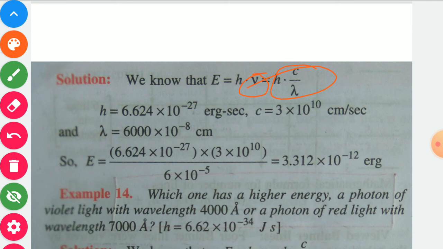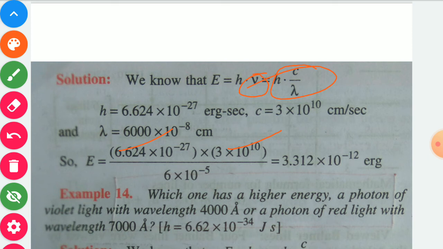We put the value of h, 6.624 into 10 power minus 27 erg second. But here the CGS unit is given for the Planck constant, erg second. Therefore, we have to take the CGS unit, so velocity of light, at the place of 3 into 10 power 8 meter per second, we have to take 3 into 10 power 10 centimeter per second.